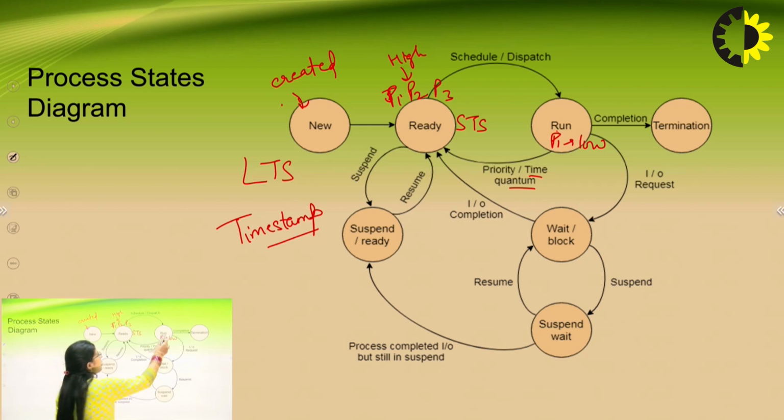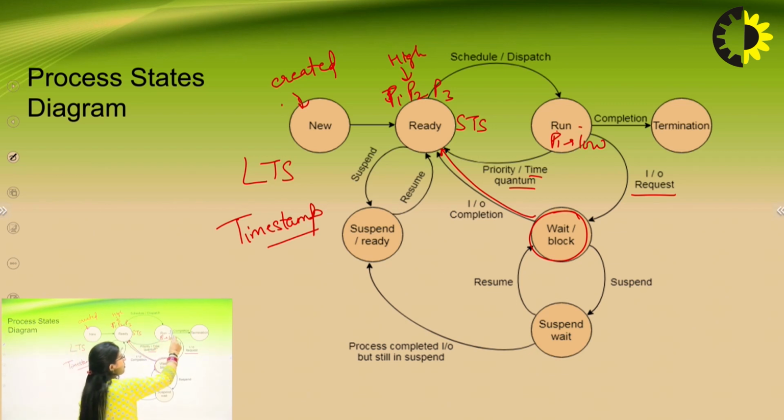what will happen? It will request for IO and wait in the wait block. In this state, the process is waiting for an input output device. Once it successfully completes its input output operation, it comes back to the ready queue for getting the CPU again.